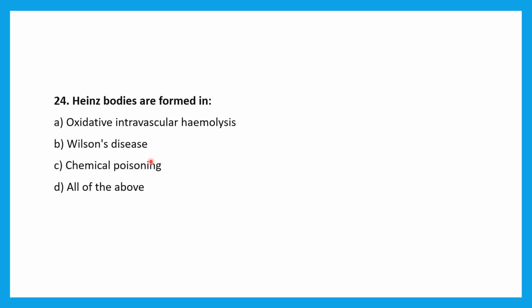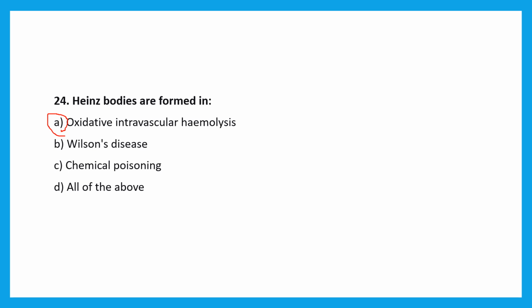Copper toxicity can also cause oxidative hemolysis, and the primary and most direct association in this case is with oxidative stress. So not choosing all of the above this time around. I'm saying that oxidative intravascular hemolysis is where Heinz bodies are formed.